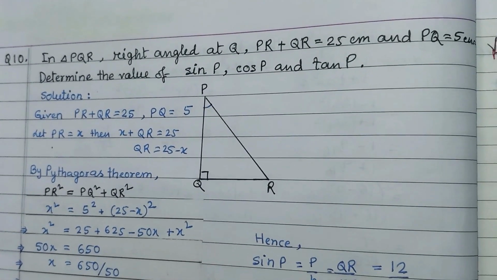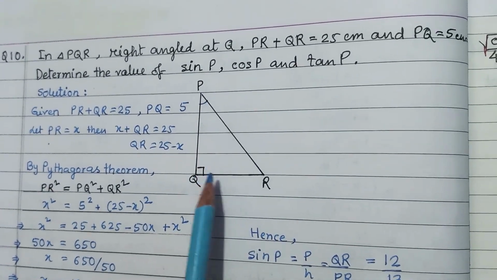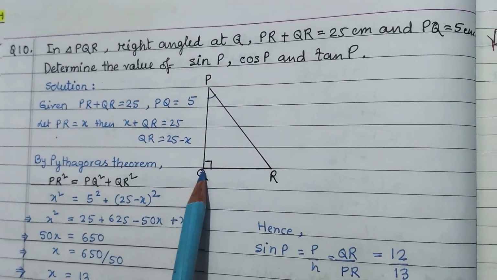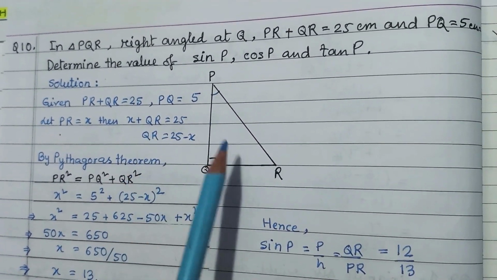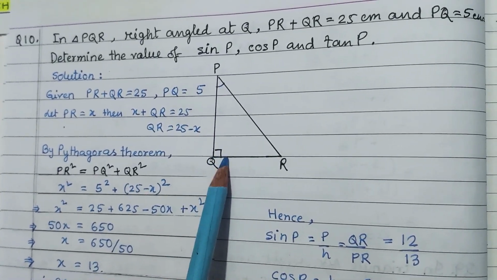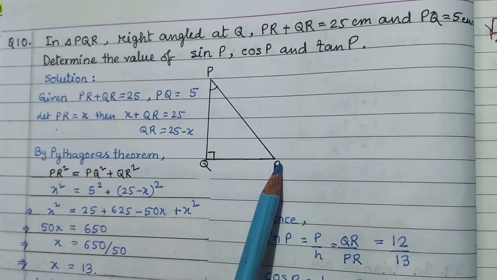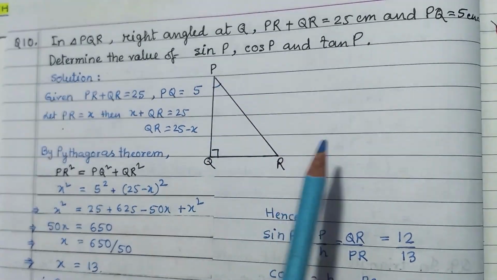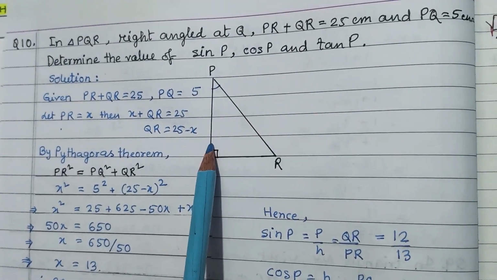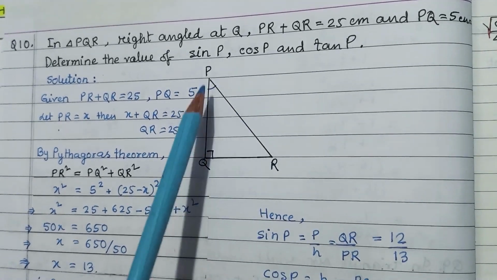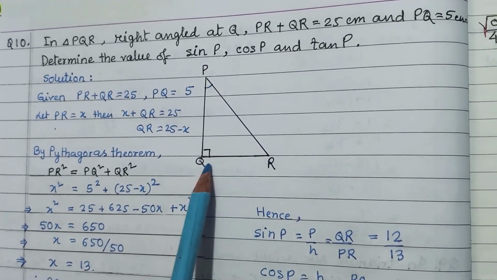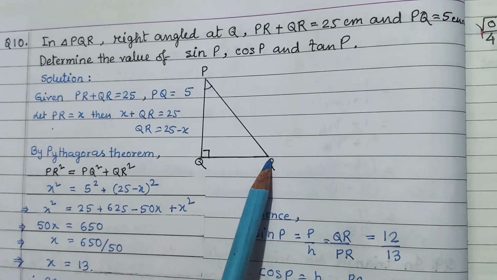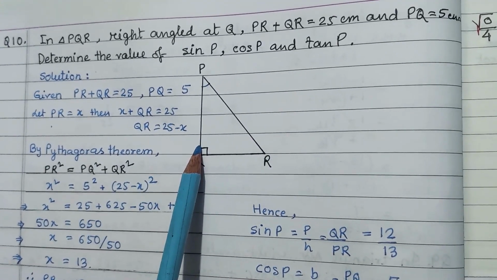In triangle PQR, right angle at Q, given PR plus QR is equal to 25 centimeter and PQ is 5 centimeter.